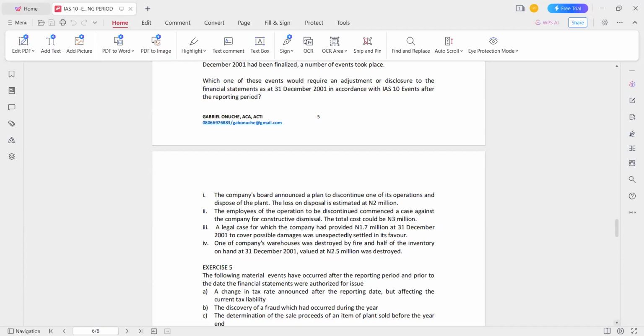Because the litigation occurred after the reporting period. The reporting period was January 1 to 31st of December 2001, but the litigation occurred in January of 2002, which is after the reporting period. So it should be disclosure, as it is a non-adjusting event.